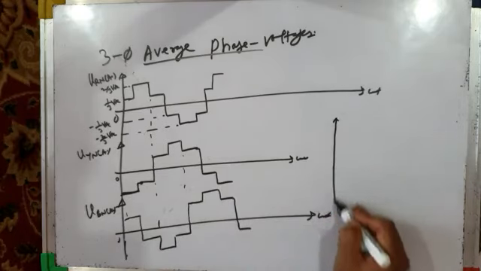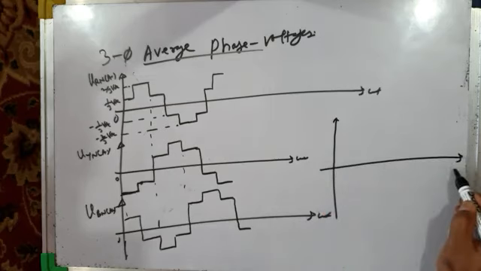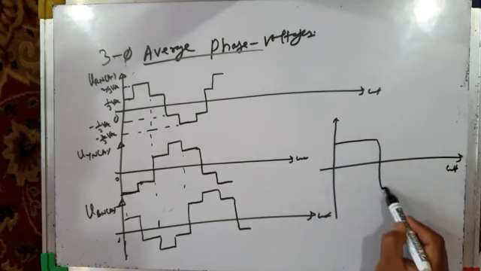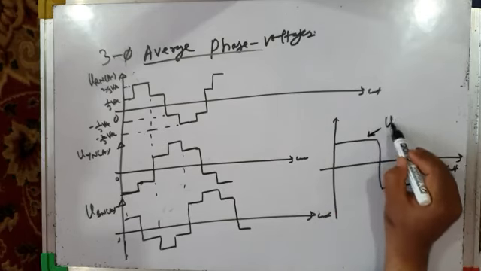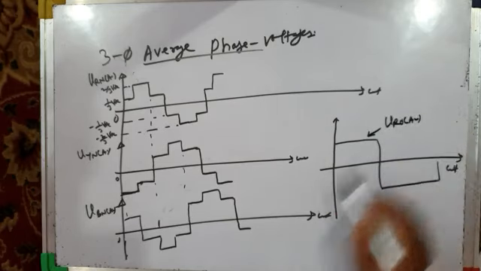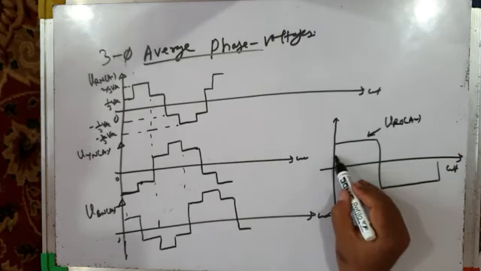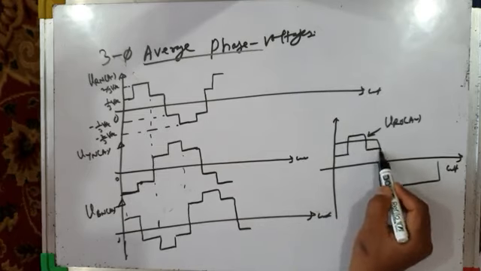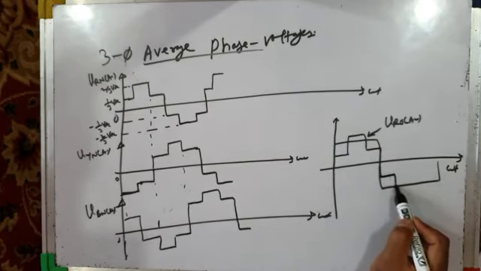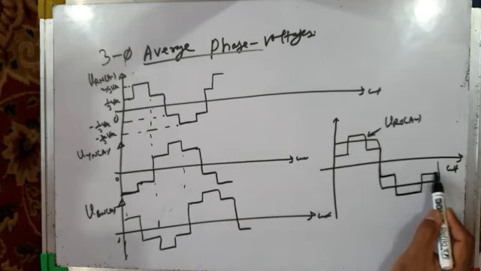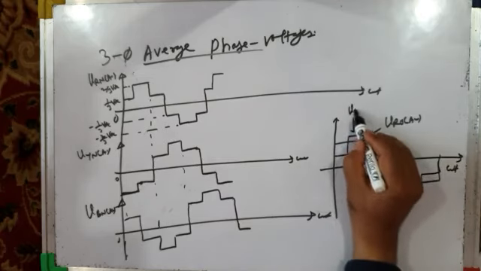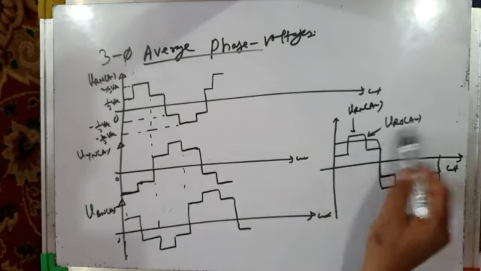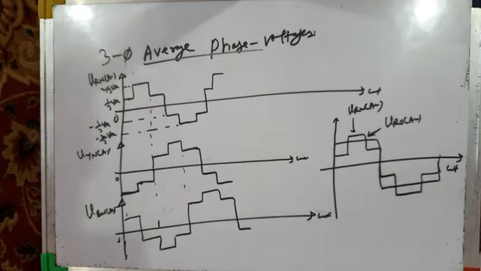And if you compare pole voltage for phase R with its corresponding phase voltage, this is average pole voltage VRO average, and corresponding phase voltage will be like this. This is corresponding phase voltage VRN average. You can see average phase voltage is totally different from average pole voltage.